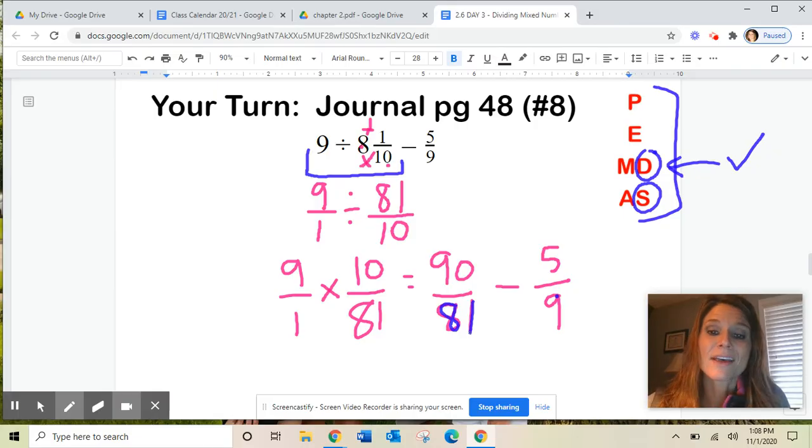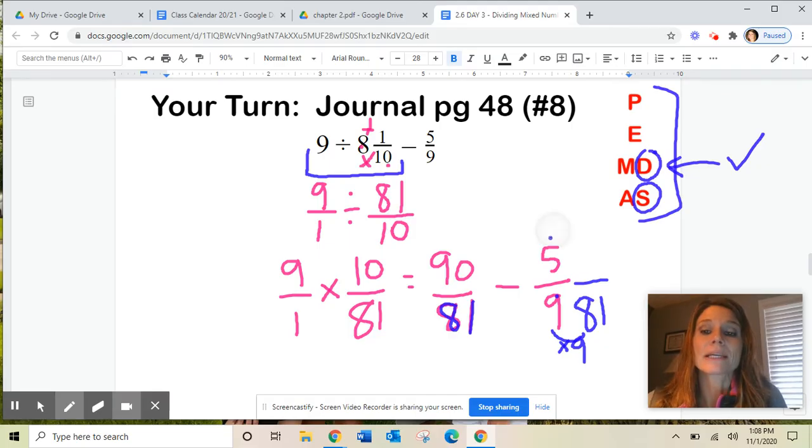The good news is the first fraction is already in size 81 pieces. The bad news is the 5/9 is not. So I need to do a little bit of rewriting to make this equivalent. 9 times 9 gives me that 81 that I'm looking for. And remember, equal means it's got to be the same.